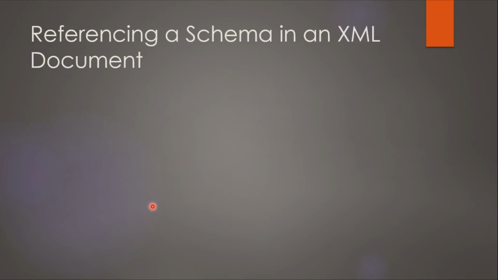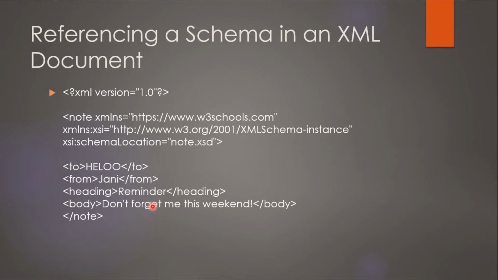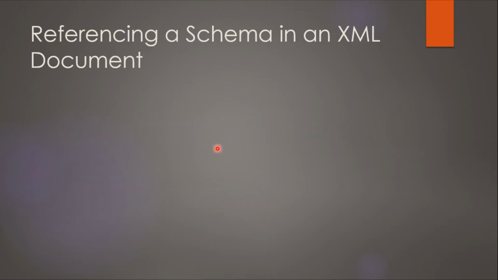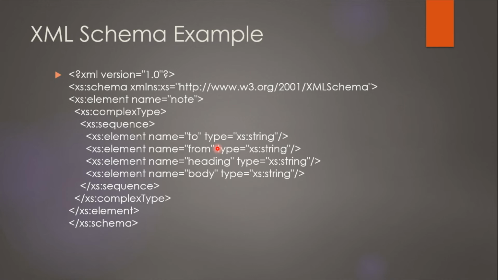Now, referencing a schema in an XML document. Here I create a note.xsd. This is the example of referring to an external schema from the XML document. This is the .xml file, and we have created a note.xsd.